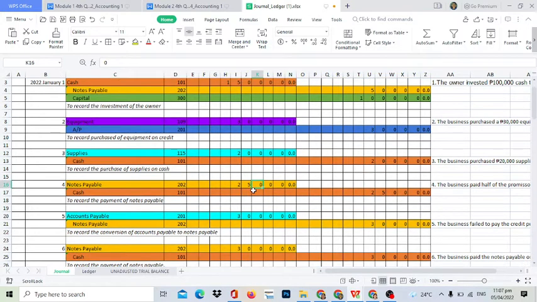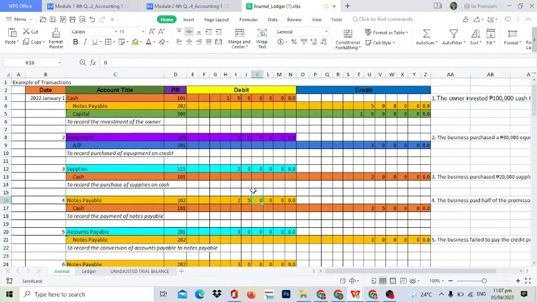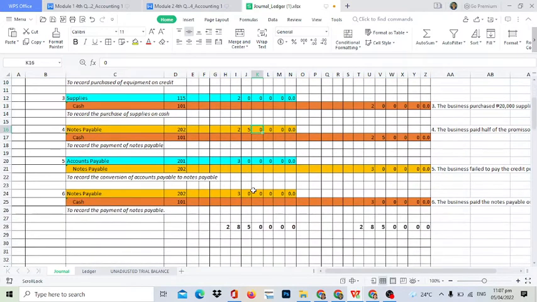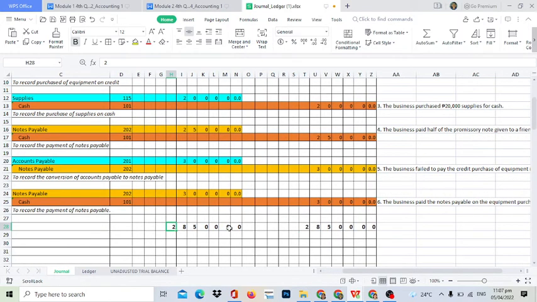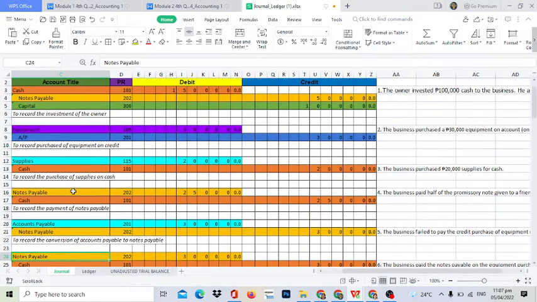Tapos, ito total po natin yung debit. Okay. And then, ito total po yung credit. It should be balanced. Dapat po balance yung dalawa. Yung total debit is a balance to the total credit. Okay, pag nag-balance po yan, ibig sabihin tama po yung recording ng transactions po natin.